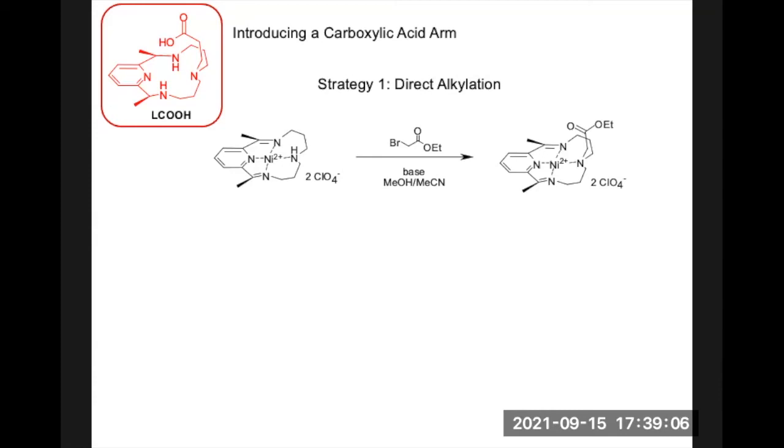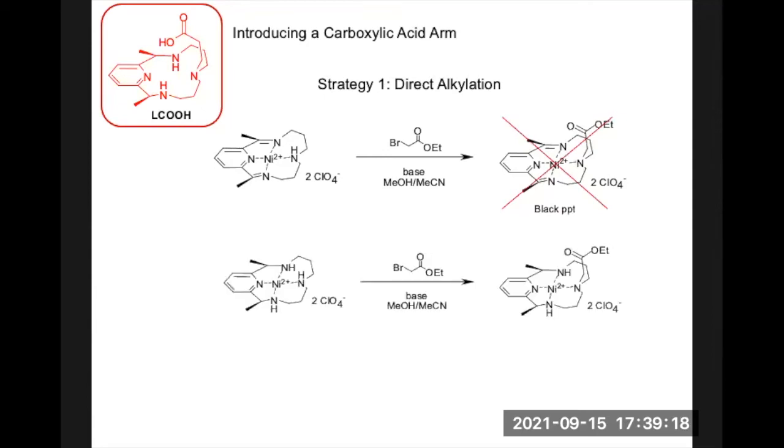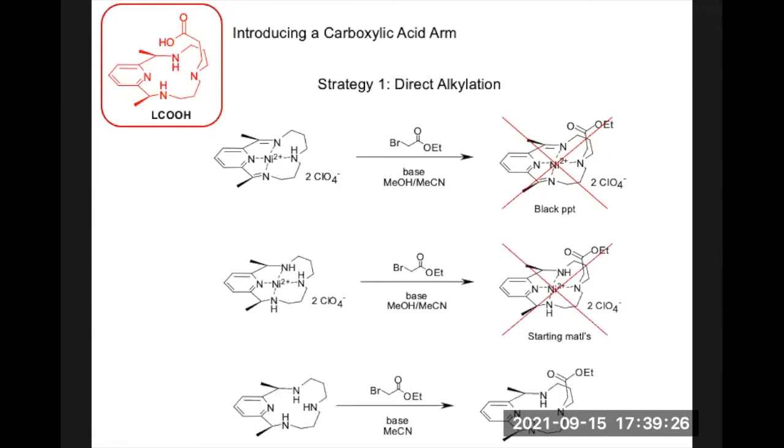That way, only the more nucleophilic amine group will react with ethyl bromoacetate, but it failed. It also did not work well with the reduced nickel compound. So I tried experimenting with the uncomplexed macrocycle, but it formed multiple alkylated products as shown in the mass spectrum.